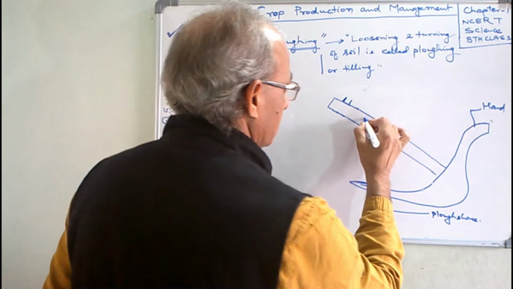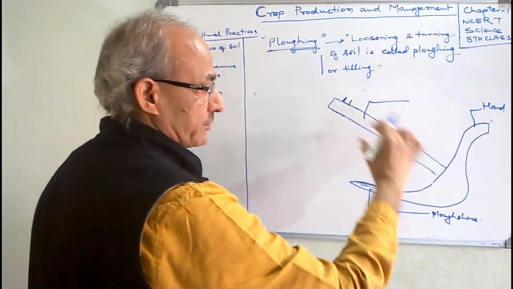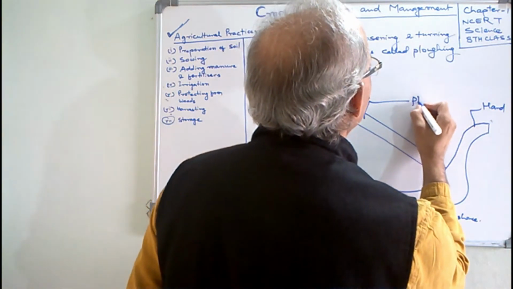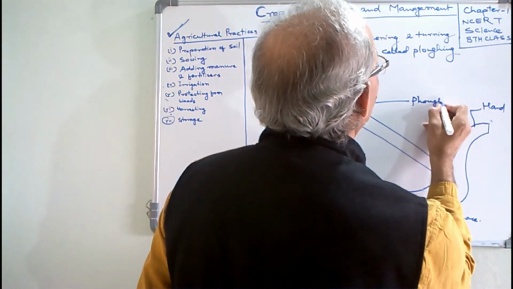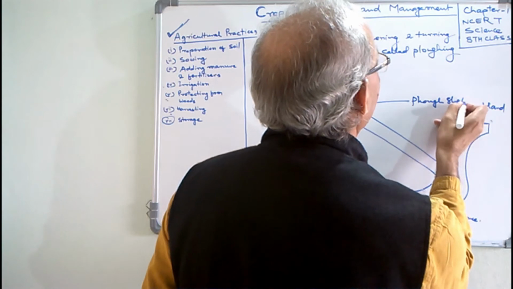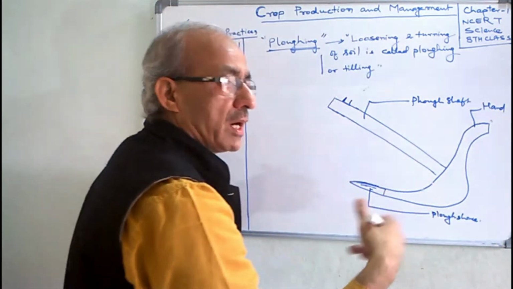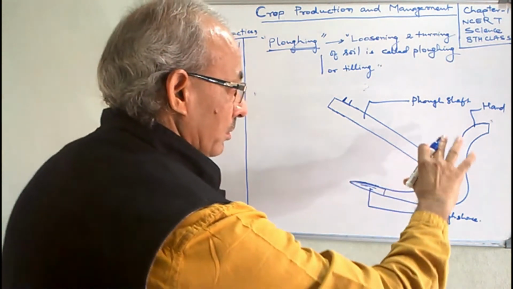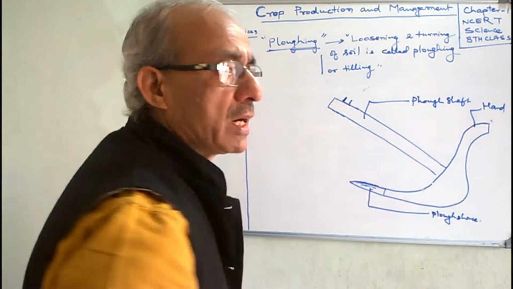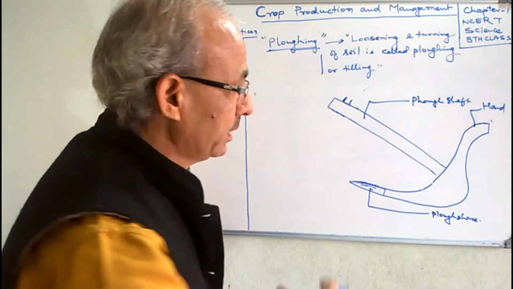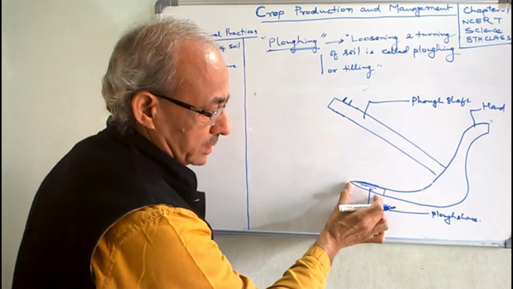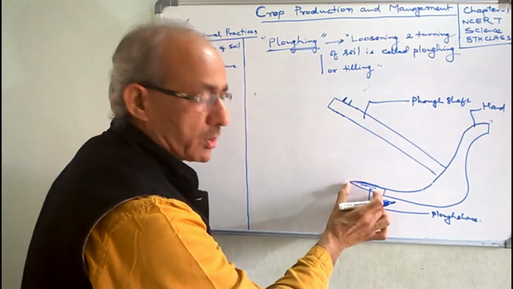And this shaft is called plough shaft. These are the parts of the traditional plough. Most of the plough in our country is made of wood, except this part, the ploughshare, which is made of iron.